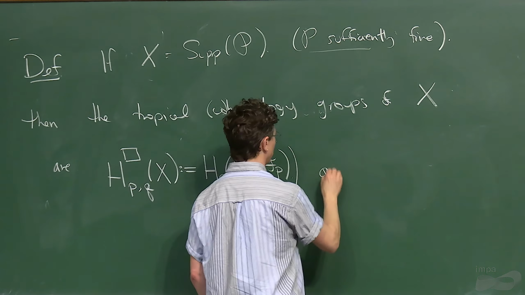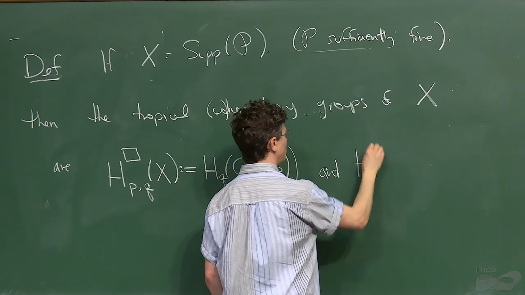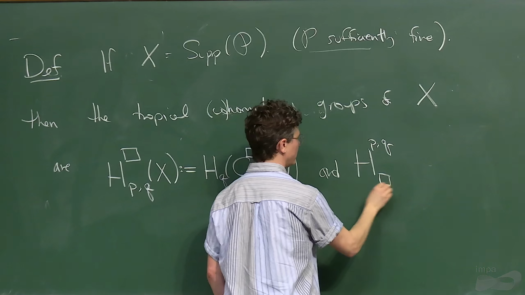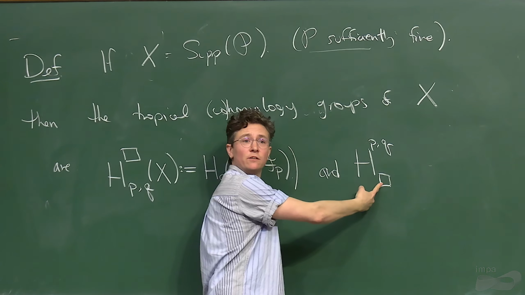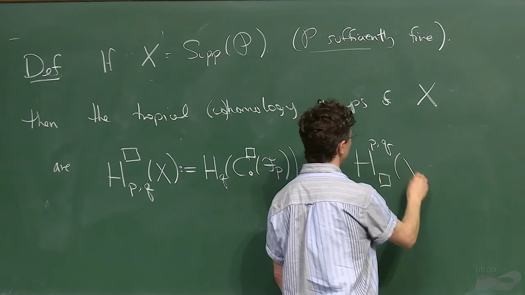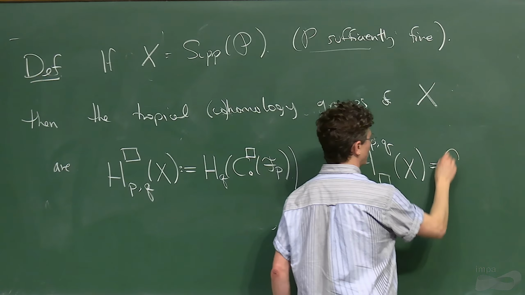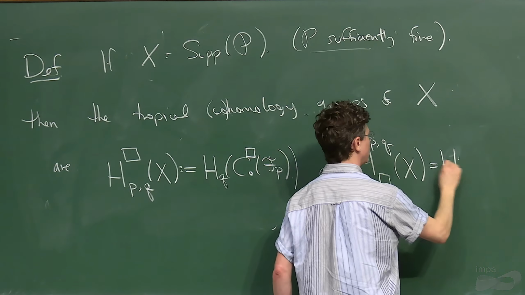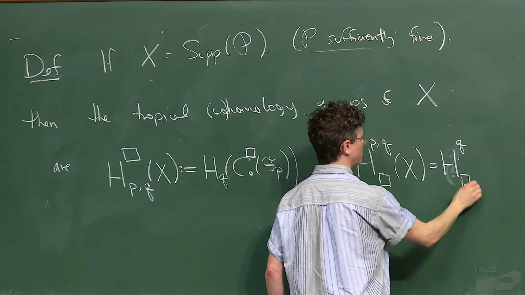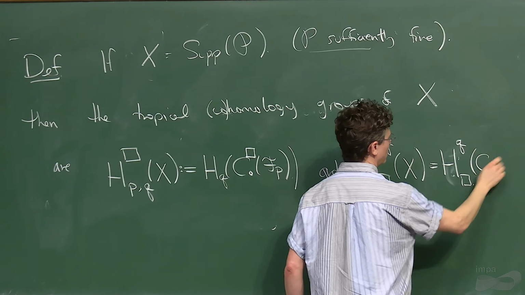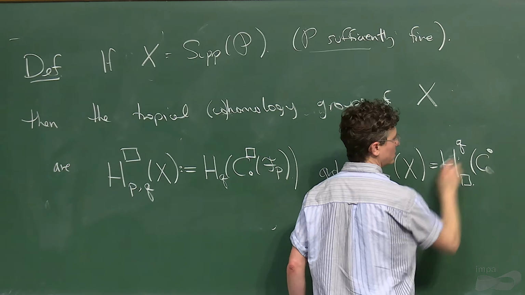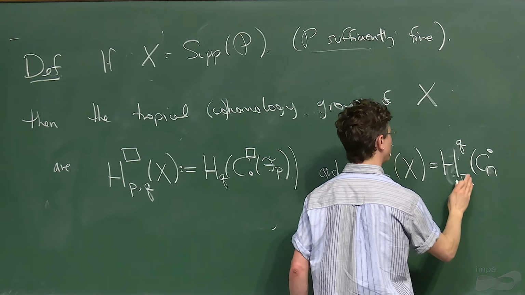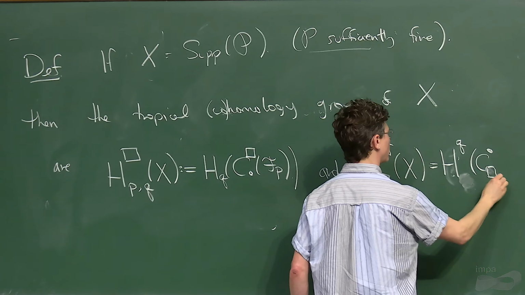And the cohomology, again with a box here that may have C contained in it for compact support or not. And again, this is the cohomology of this cochain complex. The box goes here.